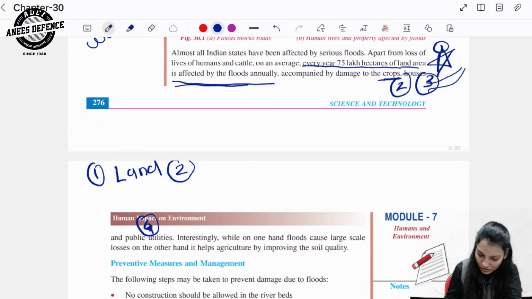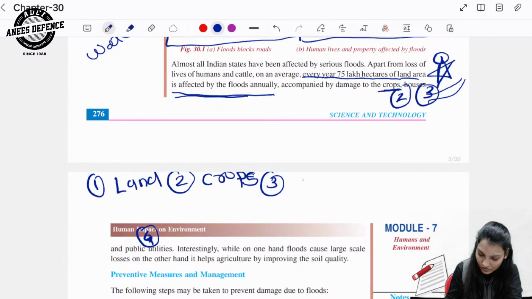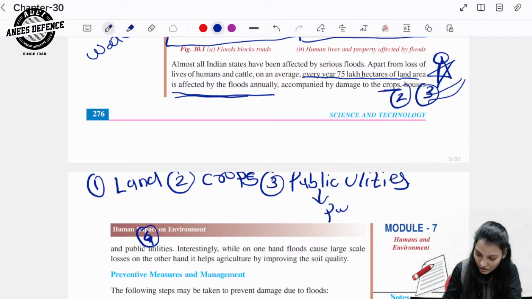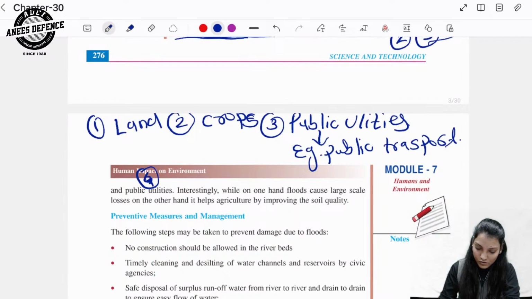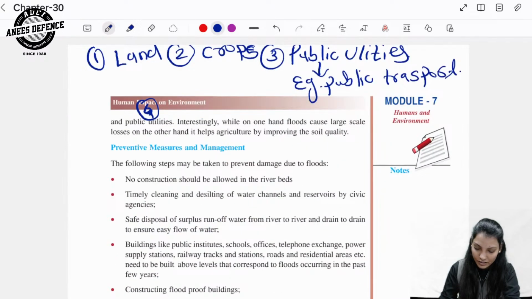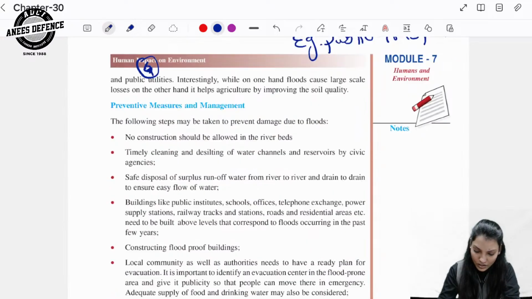Then houses. Third, public utilities. Public utilities include public transport systems. This is an example of public utilities. So these are the reasons behind floods and the regions affected because of the flood.